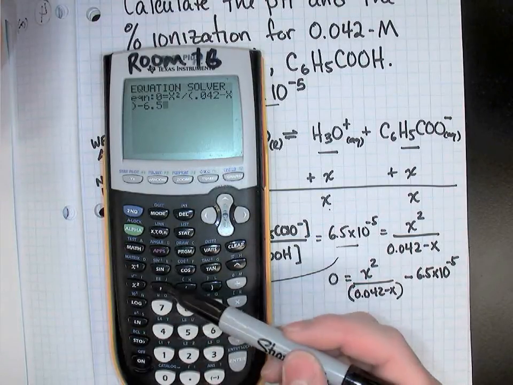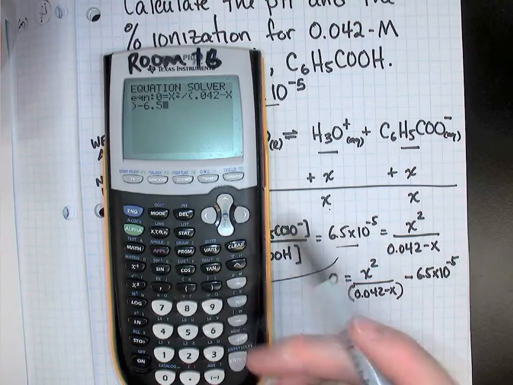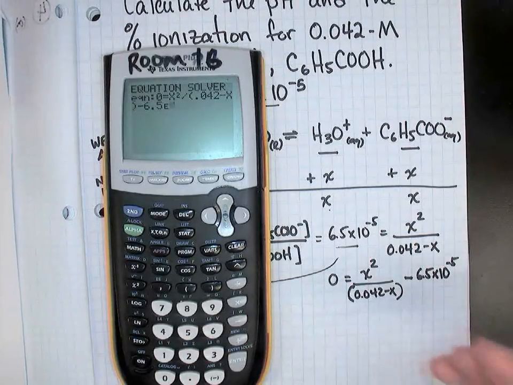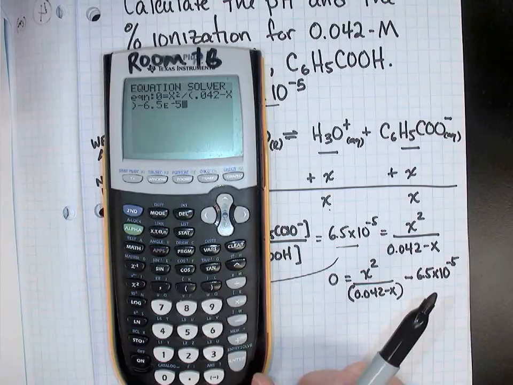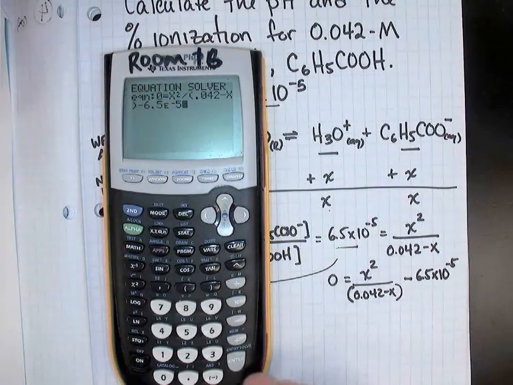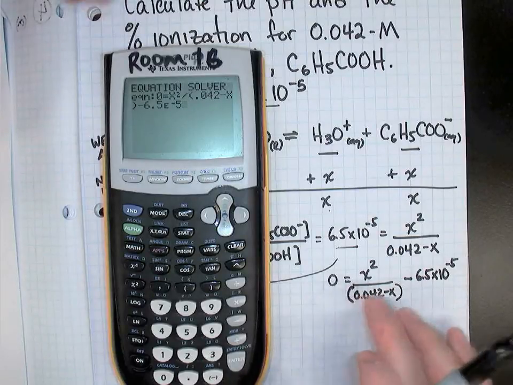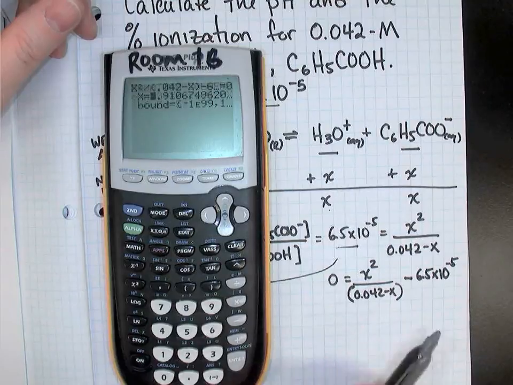Now we have a scientific notation button, which is the EE symbol right above the comma. So second function EE, which means times 10 to the power of, and then negative 5. So 6.5 times 10 to the minus 5. Now just double check quickly that you typed the equation in correctly, you didn't mistype something, and now press enter.